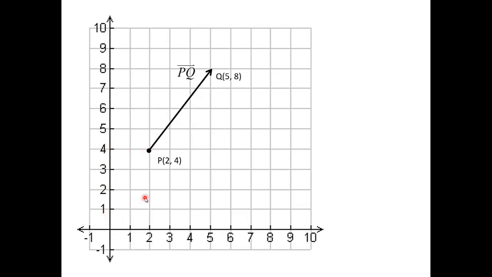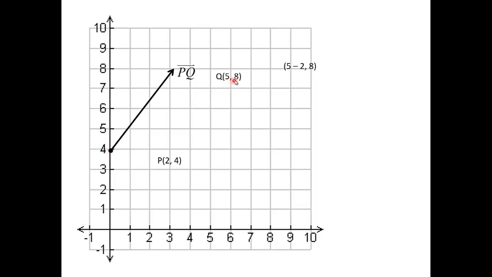So let's do that. Let's just take this vector and subtract 2, just move everything over 2 units. That's like taking the 5 component from the terminal point, and subtracting the 2 from the initial point. So notice 5 minus 2. That moves every point over 2 units to the left.